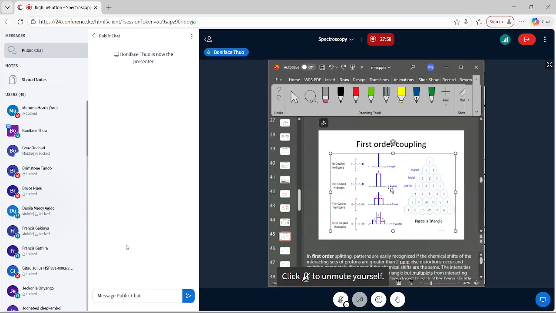So irrespective of the equipment, if two hydrogens are coupled, that value will always be constant. The only difference is that the splitting may not be resolved in weaker spectrometers, but J is always a constant value. Any questions so far?